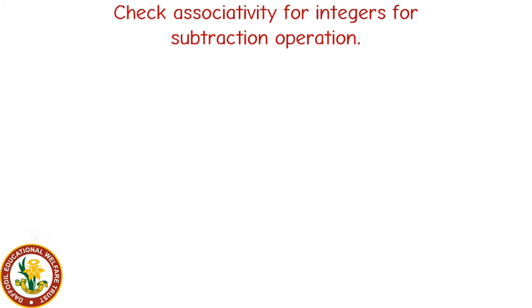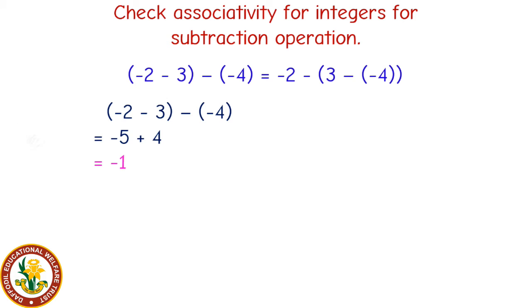Let's check associativity for integers for subtraction operation. (-2 - 3) - (-4) is equal to -2 - (3 - (-4)). (-2 - 3) - (-4) is equal to -5 + 4, which is equal to -1. Whereas -2 - (3 - (-4)) is equal to -2 - 7, which is equal to -9.